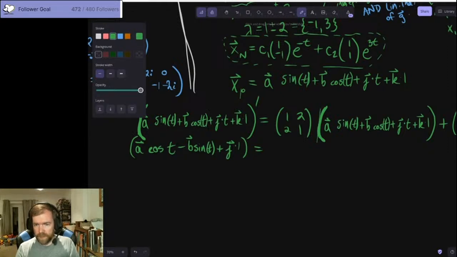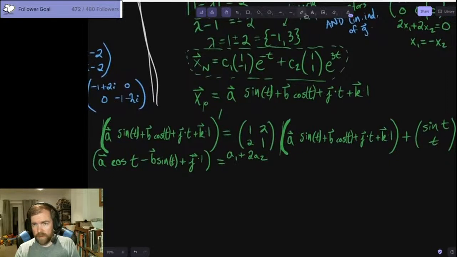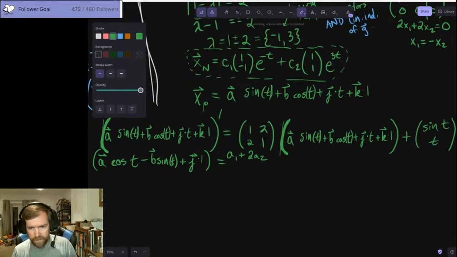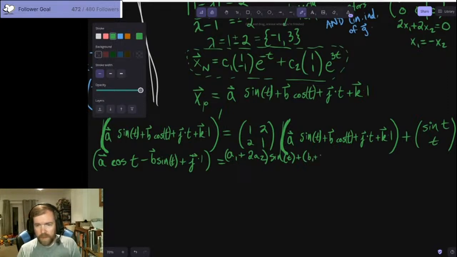Alright, so in this particular case, this is going to be a 1a1 plus 2a2, multiplied by our sine of t, plus 1b1 plus the 1 also from here.